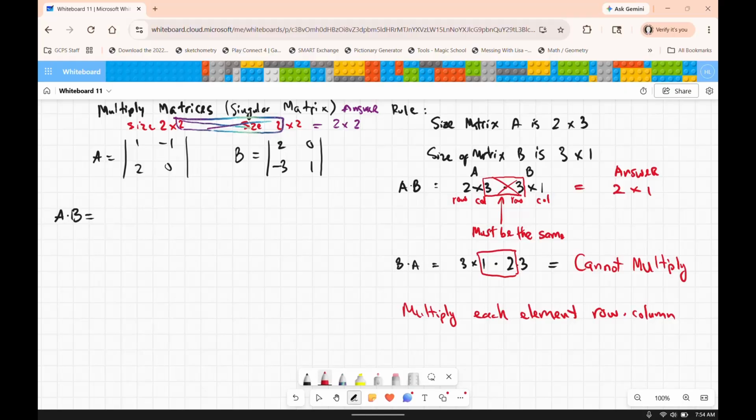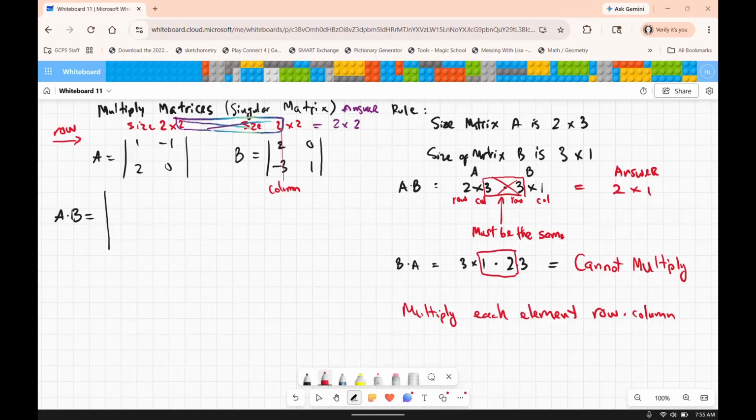So we put the brackets like this, and we know it's going to be 2 by 2. This way is the row, and it goes straight down for the column. Make sure you understand that.